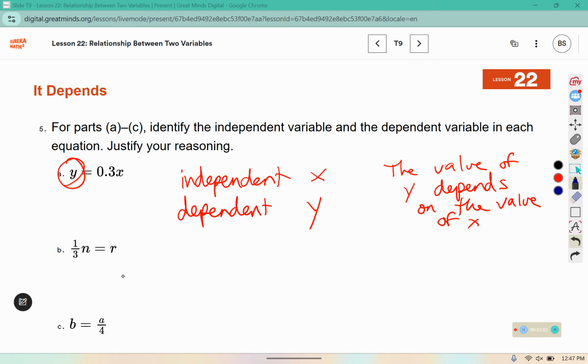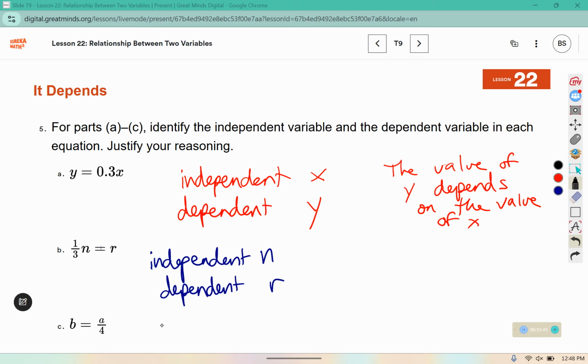So in this one, the independent variable would be n, and the dependent variable would be r. The value of r depends on the value of n. We would put a value in for n and then multiply by 1/3 to find what the value of r is.